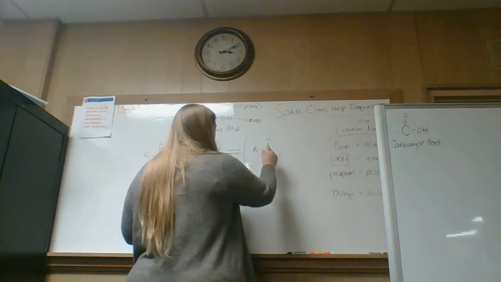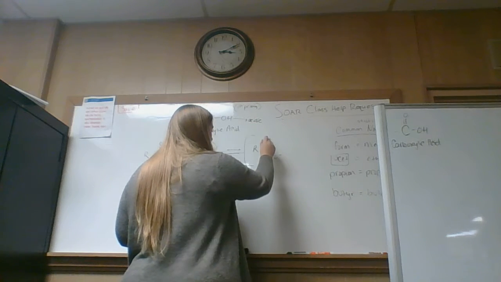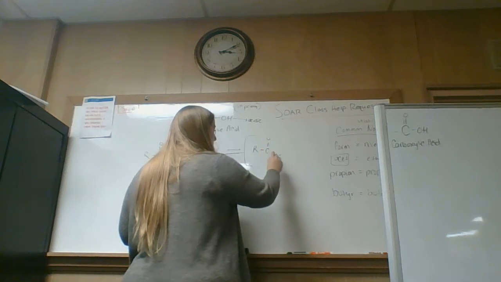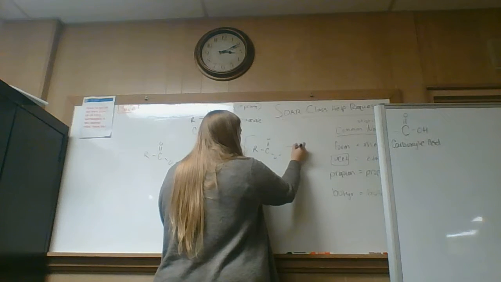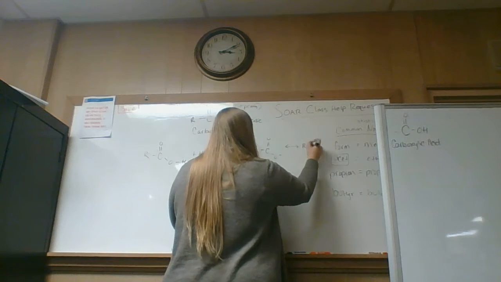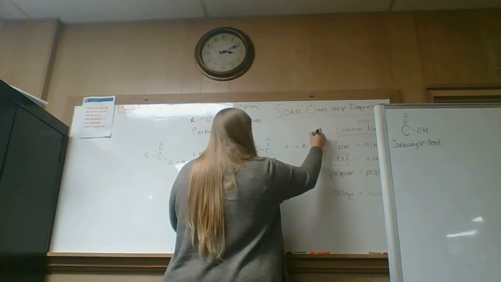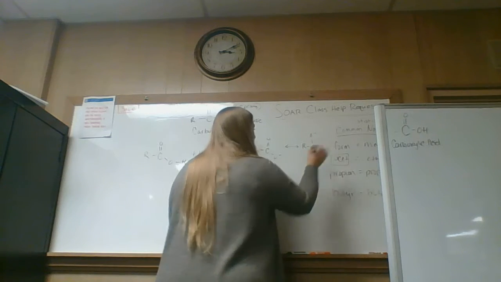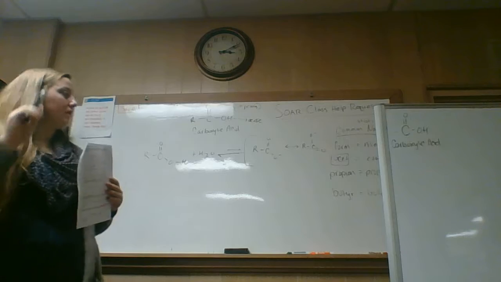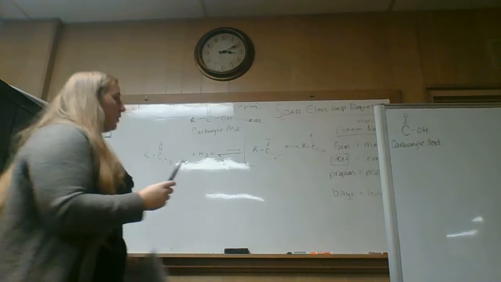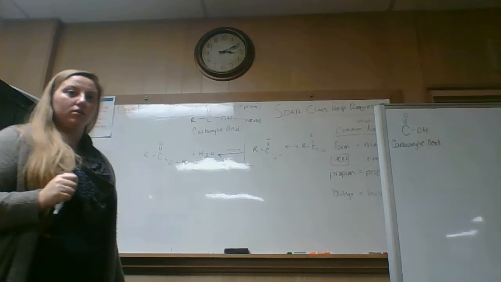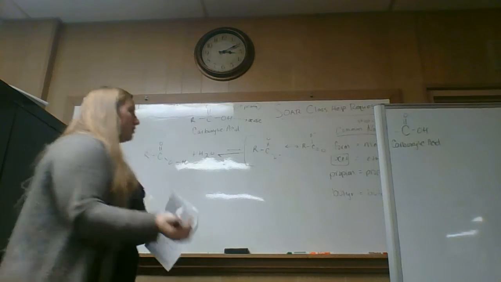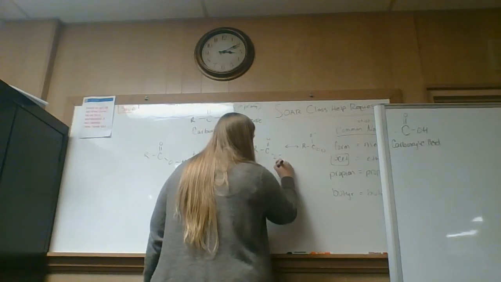Because we have a double bond and a negative charge, there's room for electron movement there. So this can go to that. So we have two different structures. What are you seeing here when I'm talking about electron movement? That's creating resonance. So these are two different resonance structures.